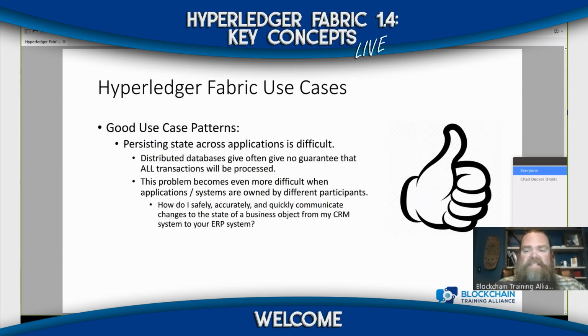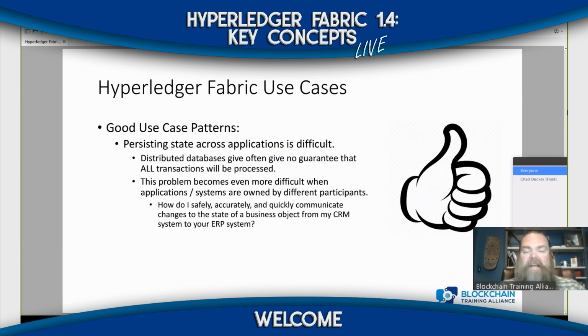This becomes especially difficult if I want to persist state across applications which cross organizational boundaries. So let's say that you're a manufacturer. You work with Alice. And I'm a reseller of the things you manufacture.